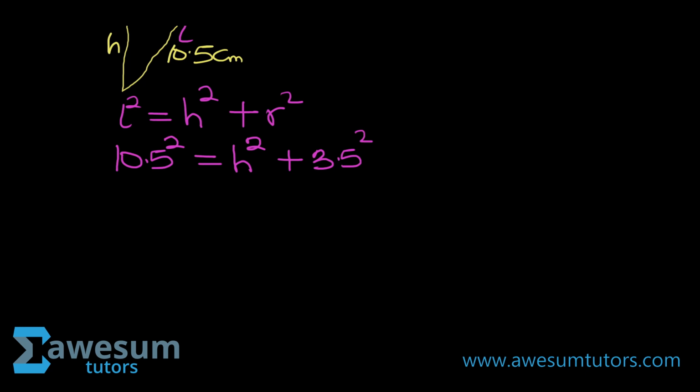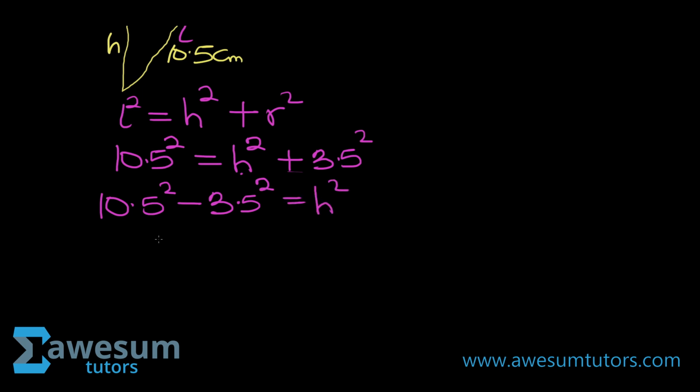We are looking for H, right? This is H squared. So what I can do is positive 3.5 squared can go to the other side, and then I'm going to have 10.5 squared. It's going to become negative 3.5 squared equals H squared, right?